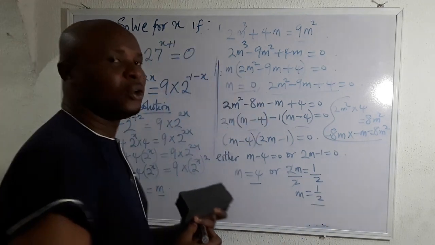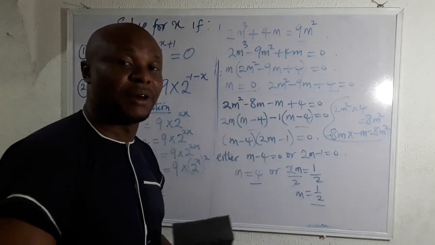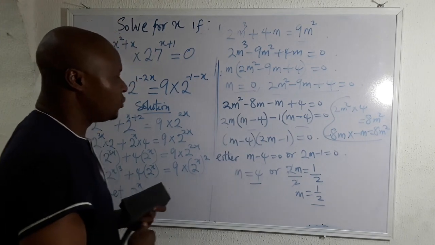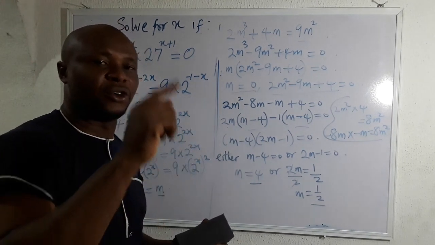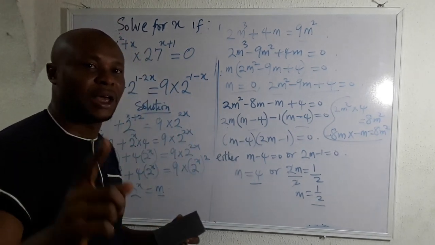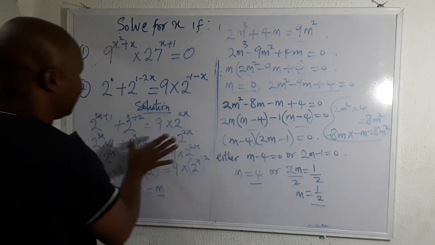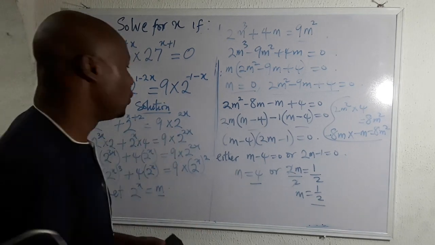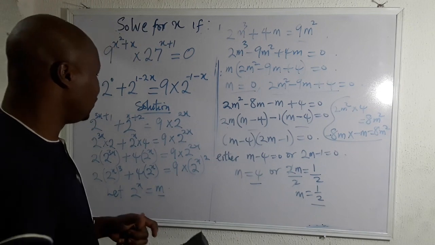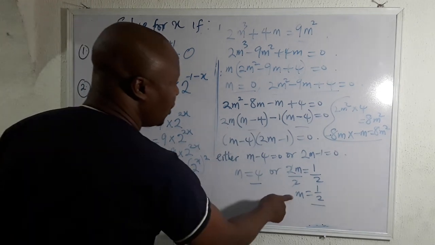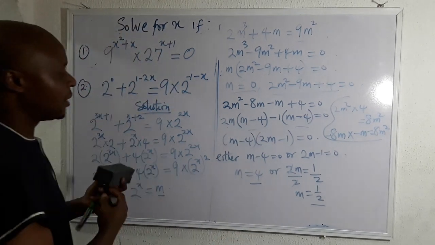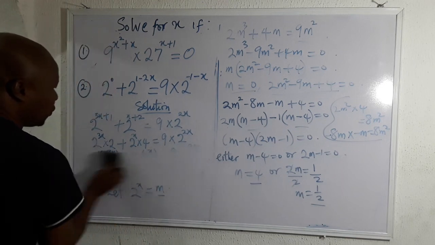But remember, we are not looking for the values of m. We assumed 2 raised to the power x to be equal to m so that we can solve this equation. So now what we are going to do is substitute the value of m back.